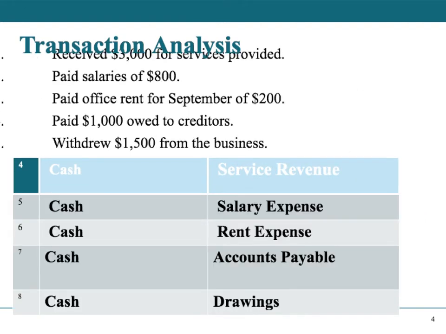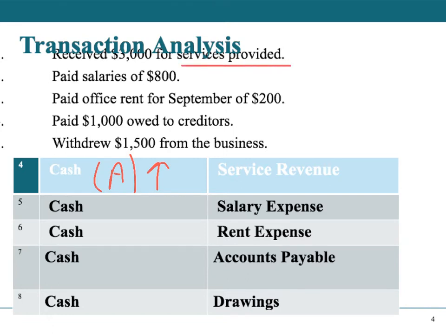How about next one? Received $3,000 for services provided. If we received $3,000 and they did not explain anything else, like we received it in form of equipment or they gave us land, assume it must be cash. So cash is an asset, went up. And in this case, services provided.